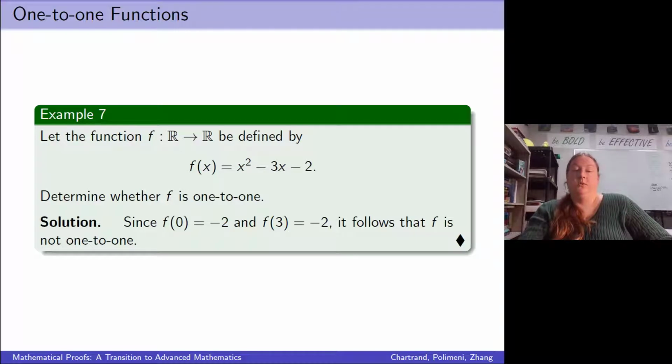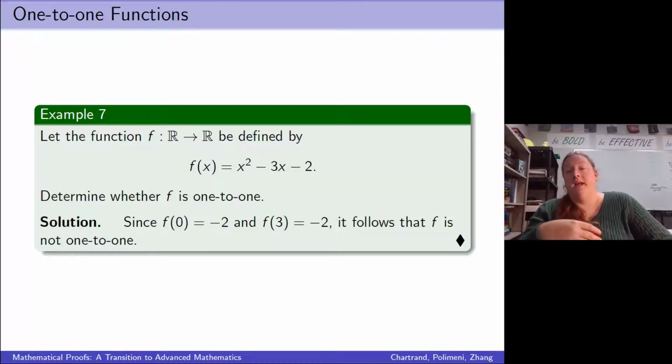Now, here's an example. We want to determine whether this function from the real numbers to the real numbers, given by f of x equals x squared minus 3x minus 2, is one-to-one. You might be thinking, well, that looks like a parabola, so it's not going to be one-to-one because there are going to be two x values that give the same y value out, because that's just what parabolas look like. That's good if that's your intuition. So we're not proving that this is one-to-one.